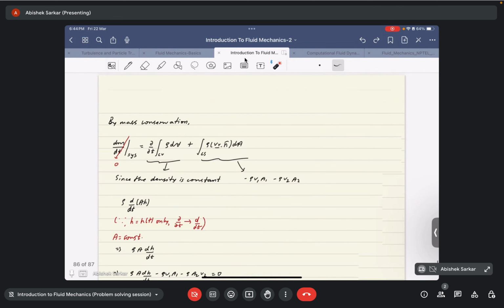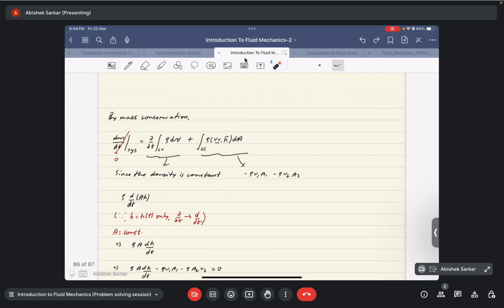Okay, and now since the density of the fluid is constant within the control volume, if density comes out, it will be just dou by dou t of the integral over CV of dV, right? I just write it for reference.